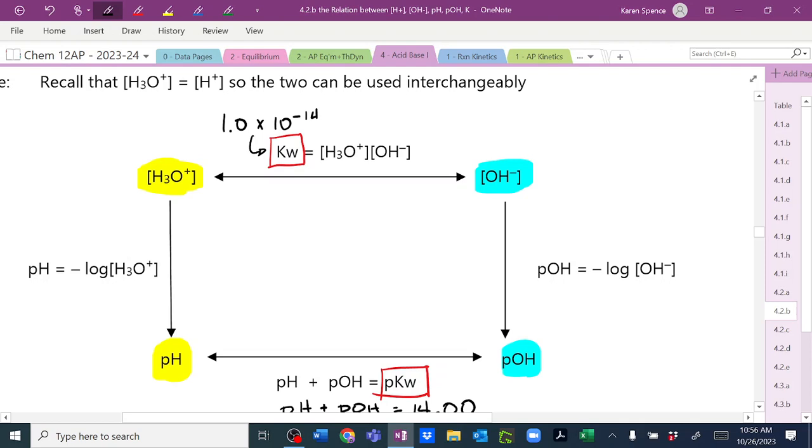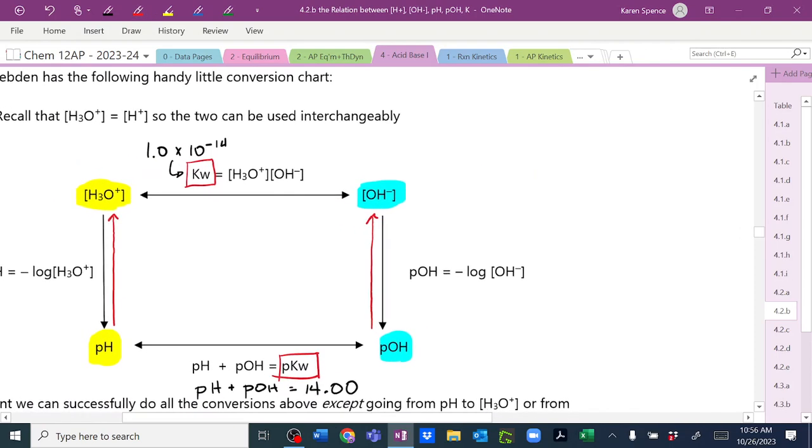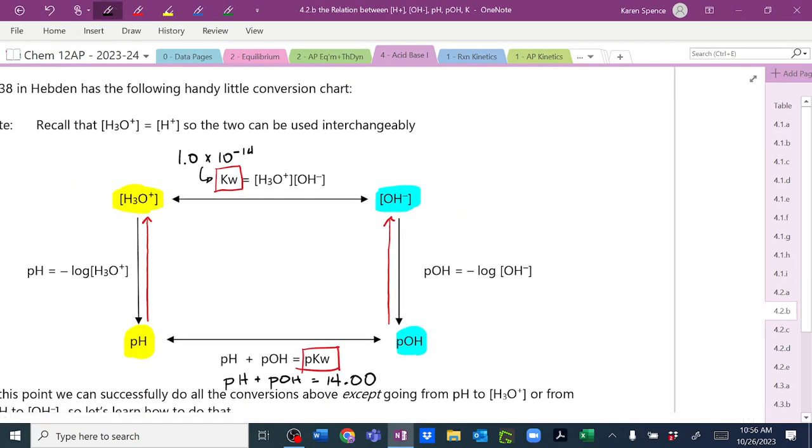Now, you know also how to go from hydronium to pH, right? Take the negative log. You know how to go from hydroxide to pOH, take the negative log. Do you know how to go backwards? What if we wanted to go this way? So if I gave you, let's do whole numbers first.